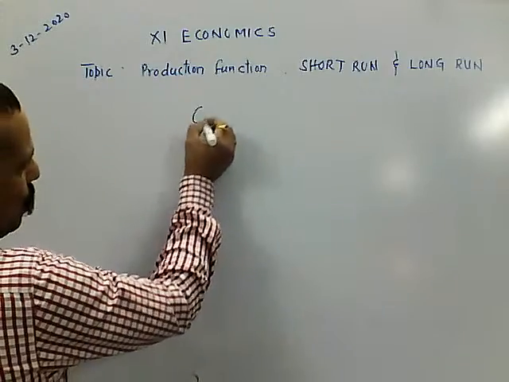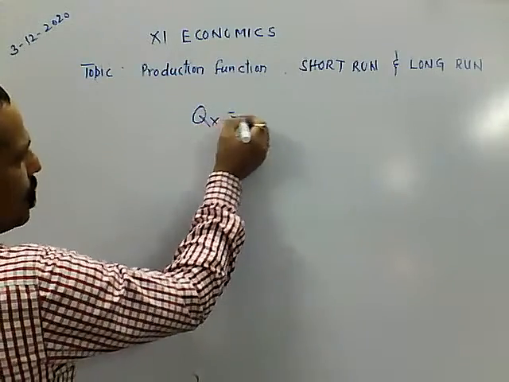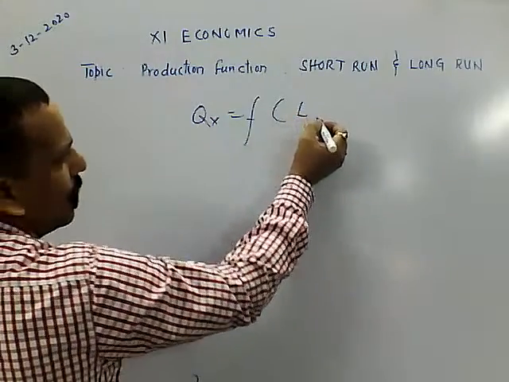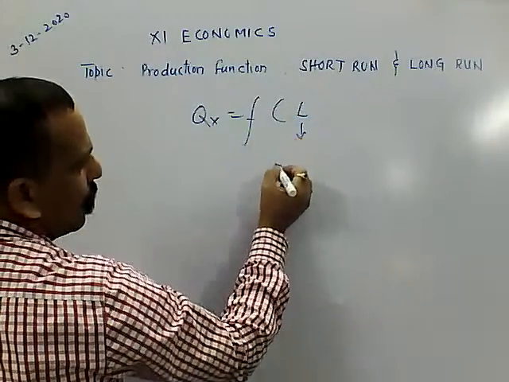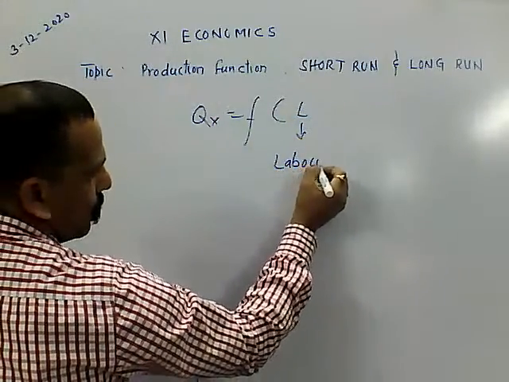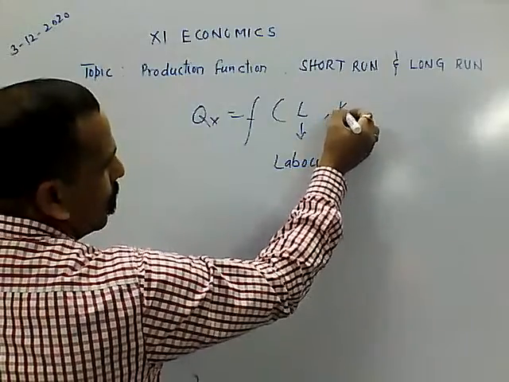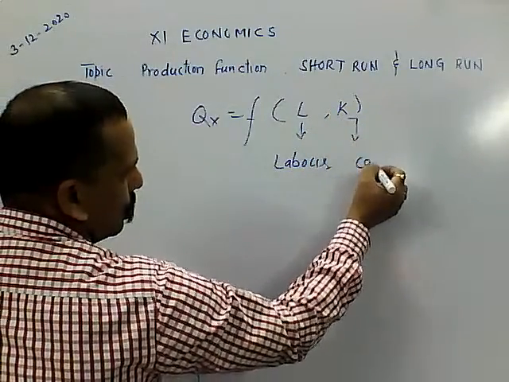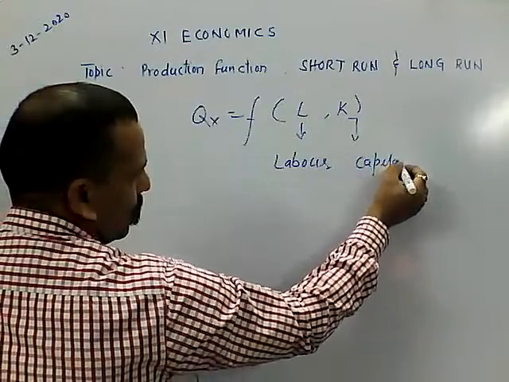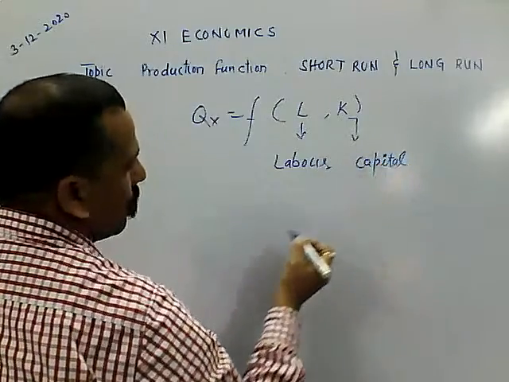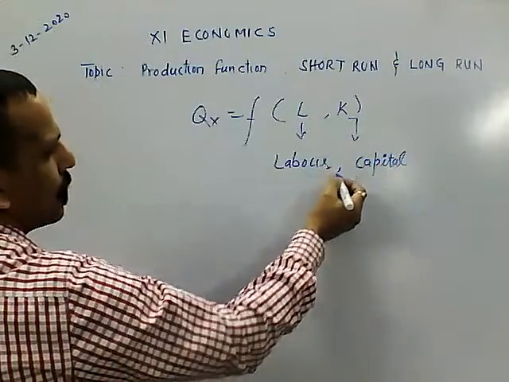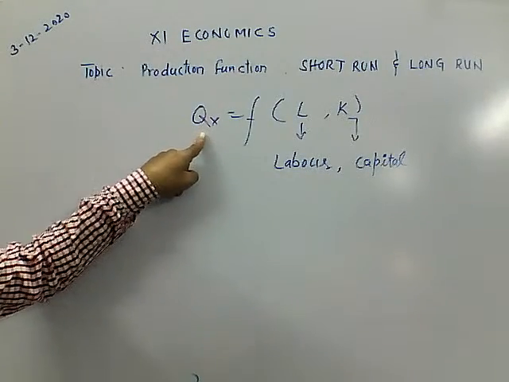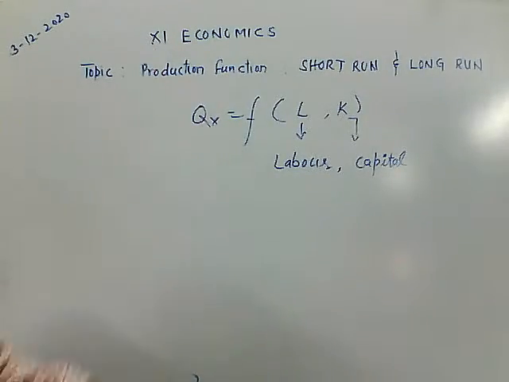So output of X commodity is a function of labor, L for labor, and K for capital. Labor and capital.